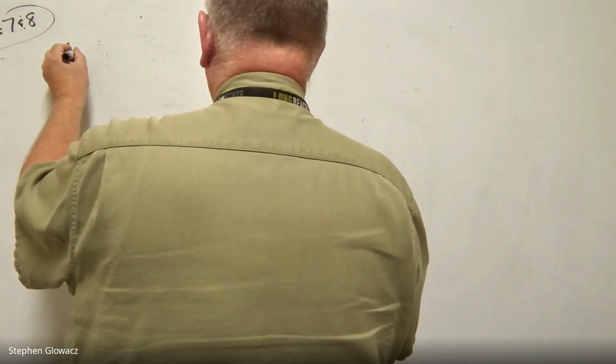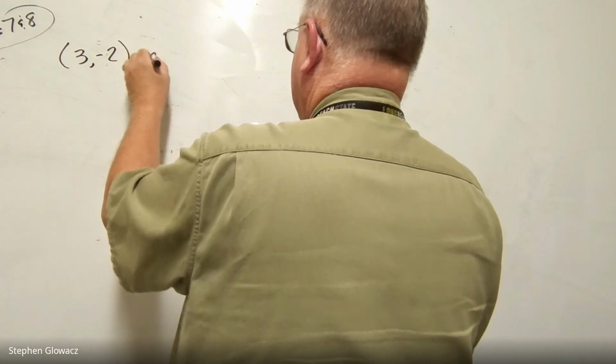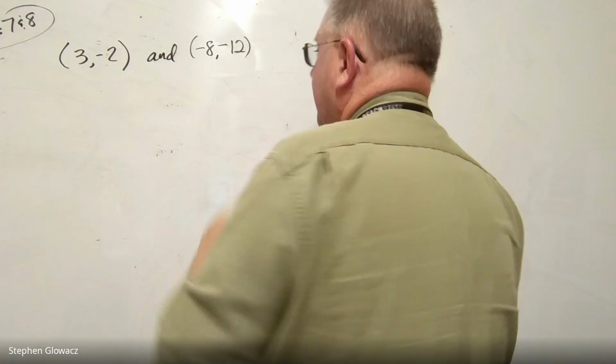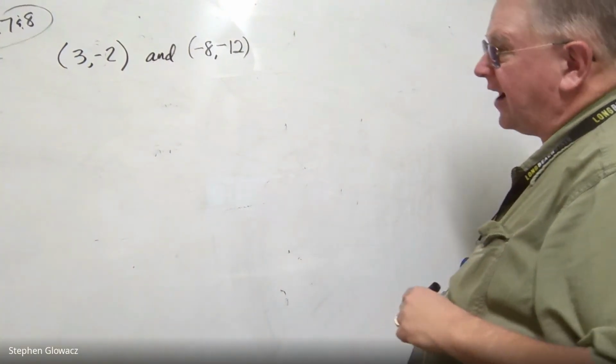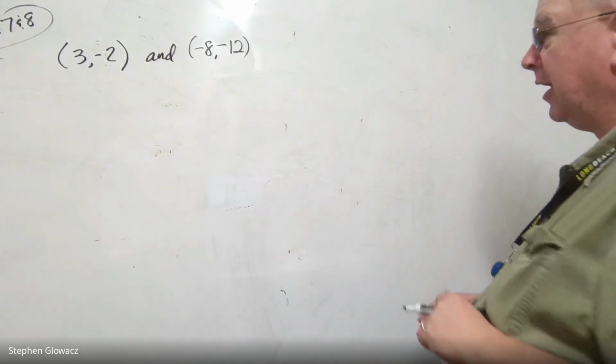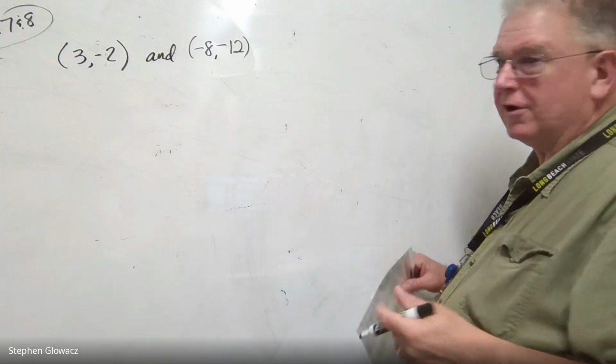We have the points (3, -2) and (-8, -12), and what we want to do is find the midpoint between these 2 points. We're not going to graph that, although you could graph it to confirm your answer.